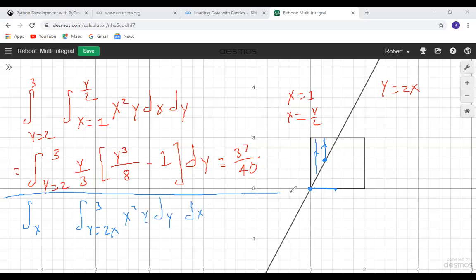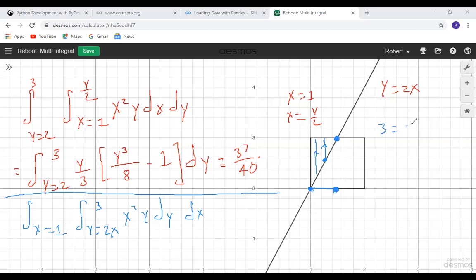And what do the x values go from? In other words, what's the limit on this x integral? Well, we know the lower limit on the x integral is 1 because this line is x equals 1. Now, the upper limit is going to be the x-coordinate of this point, which is the same as the x-coordinate of that point. So how do we find that? This point lies on the line y equals 3 and y equals 2x.